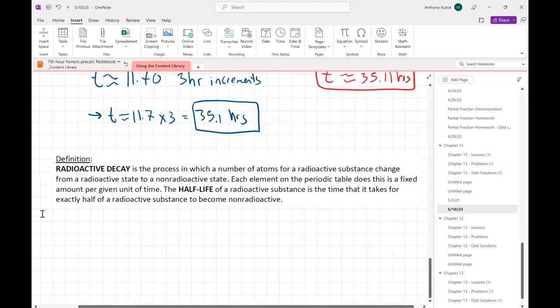So radioactive decay is like a chemistry idea. In chemistry, you have elements, right? And an element is defined by the number of protons it has. For a given element, you can have lots of different versions of that element. Those are called isotopes, depending on how many neutrons you also have packed in your nucleus.